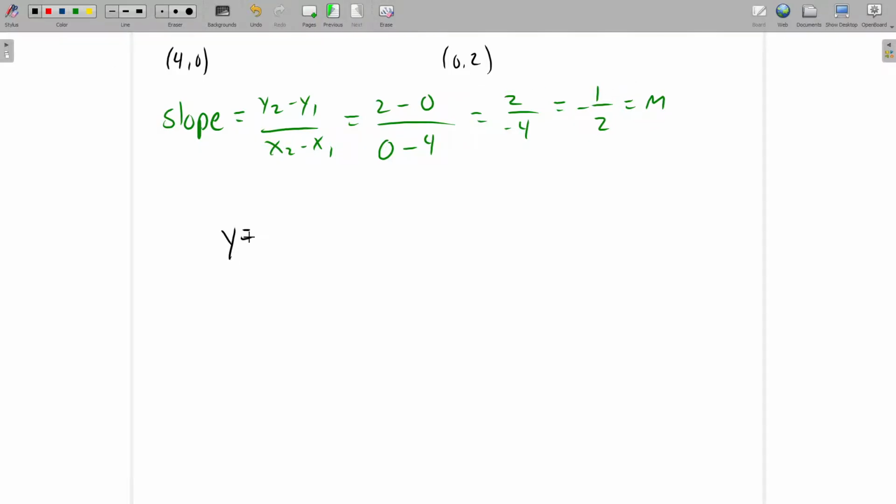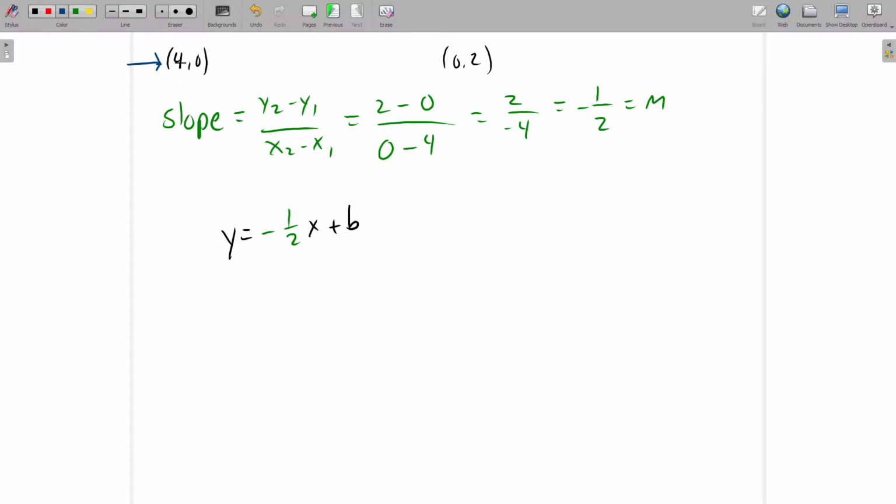So let's use this m, the -1/2, to help us solve for b. Now looking at the 2 points, we have a 4, 0 and a 0, 2. Right? So my recommendation of using one that has a 0, we can use either one. Alright, so we'll just use this first one of 4, 0 because it's the first one.